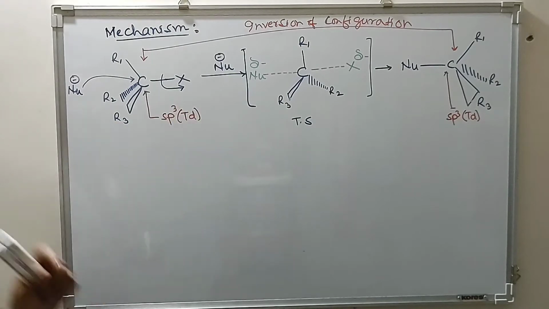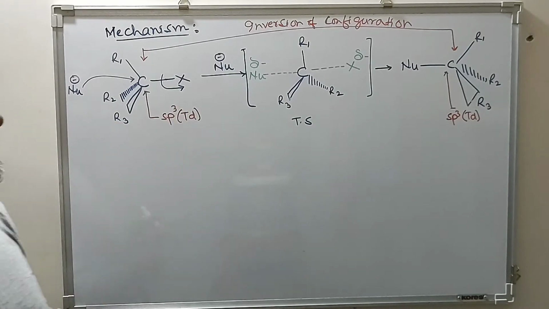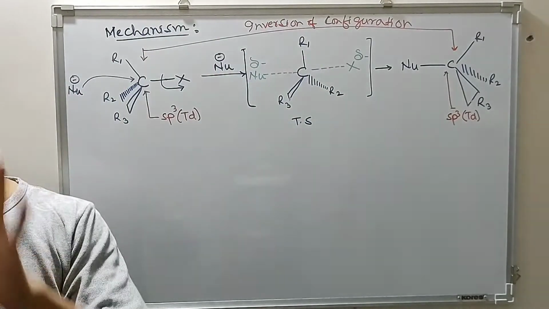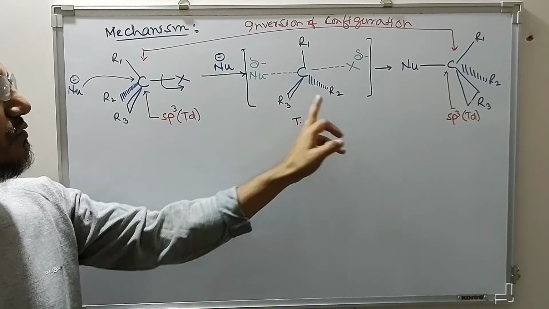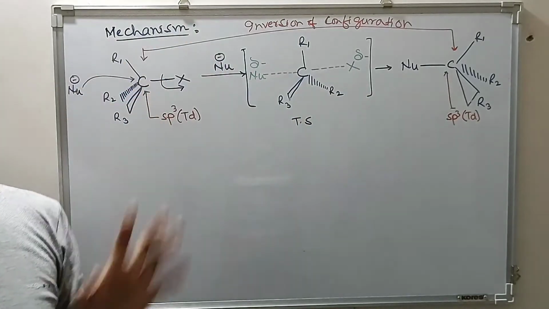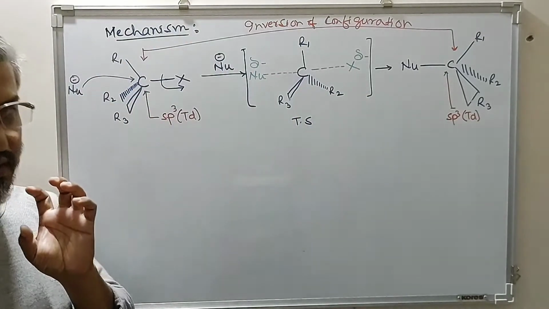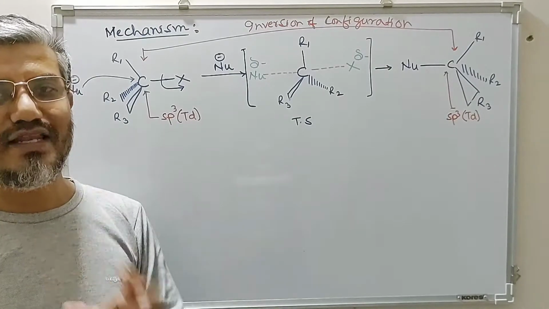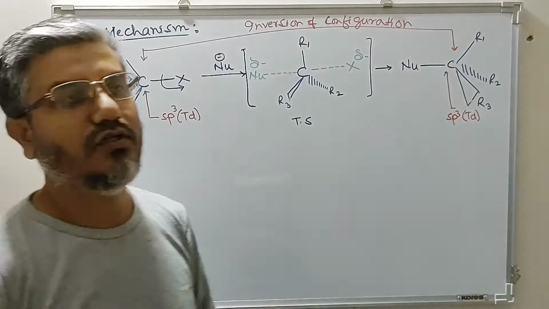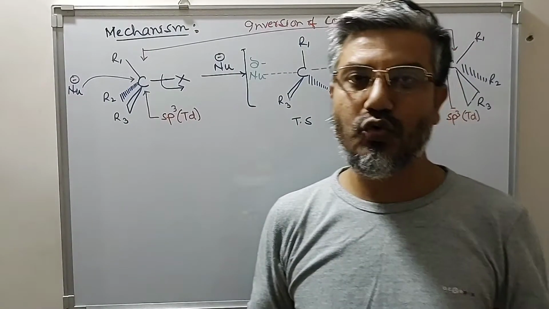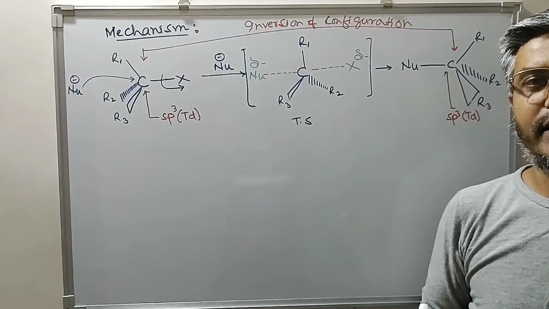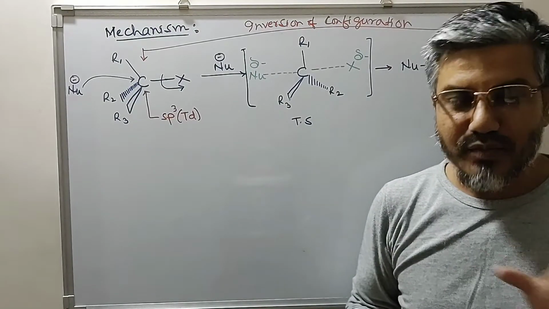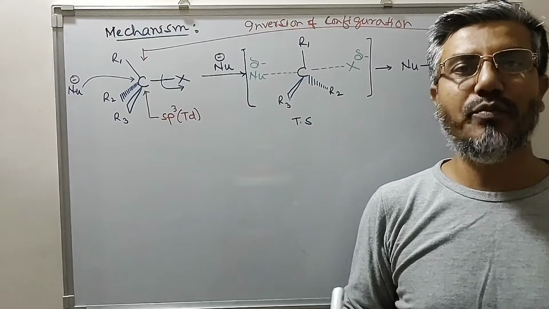Now if you look at this, in the transition state, the carbon atom is bonded to 5 groups. 1, 2, 3, 4, 5. So now the question is, can carbon have valency 5? So the answer is obviously no, because carbon cannot expand its valency beyond 4, because carbon does not have vacant d orbital.